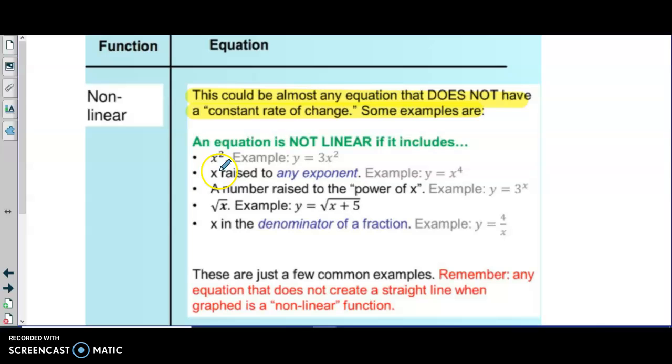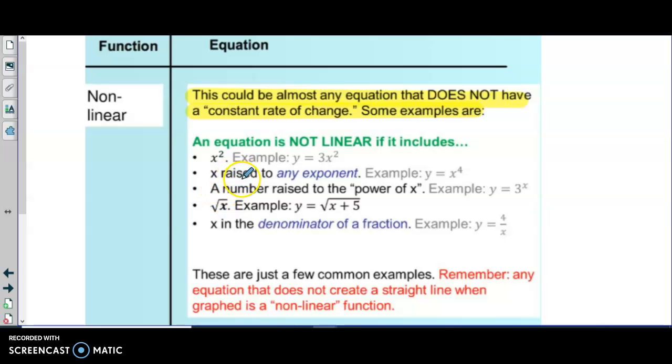Any equation that has x raised to an exponent, so like x squared, x to the third, x to the fourth, and so on, those would be nonlinear. If you have a number raised to a power of x, like 3 to the x, that's nonlinear. If you have the root of x, that's nonlinear. And if you have x in the denominator of a fraction, that is nonlinear. Those are the common examples.